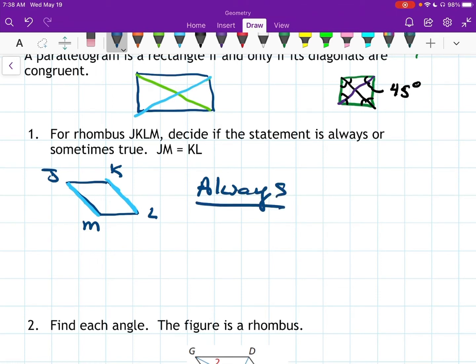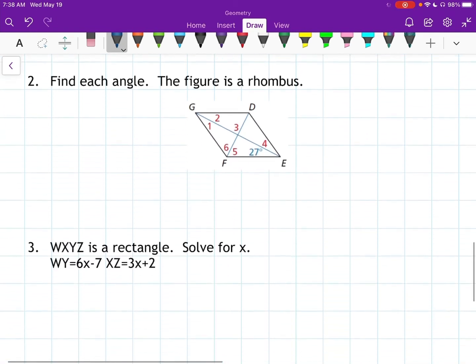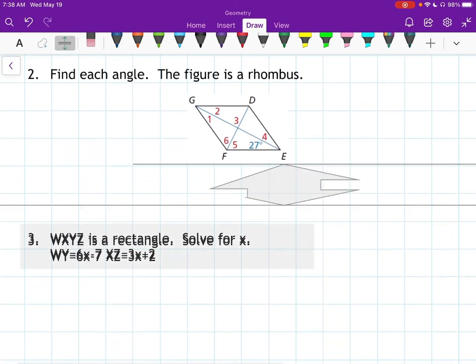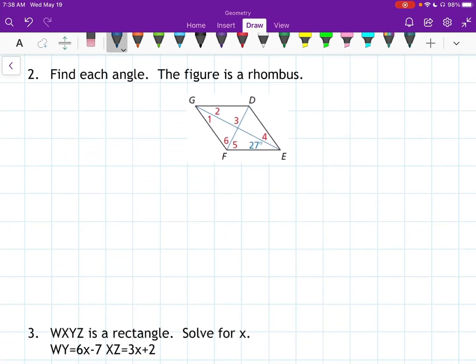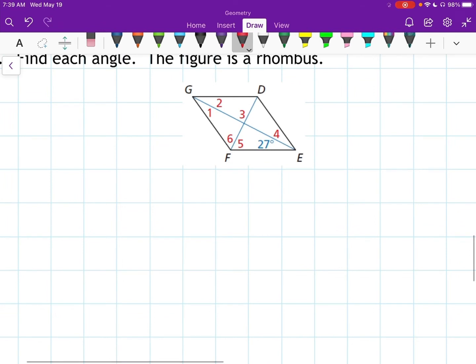Okay. Let's look at number 2. Find each angle. The figure is a rhombus. Well, we know that by one of those theorems up there. I don't remember what it was. Let's look at what it is. 7.12.